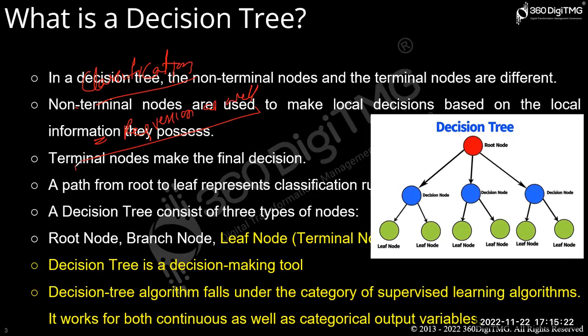If you have labeled data that is continuous, in that case also we will use this. If it has categorical or discrete data as an output, in that case also we can use the decision tree algorithm. So both for regression as well as classification, we will use this decision tree.